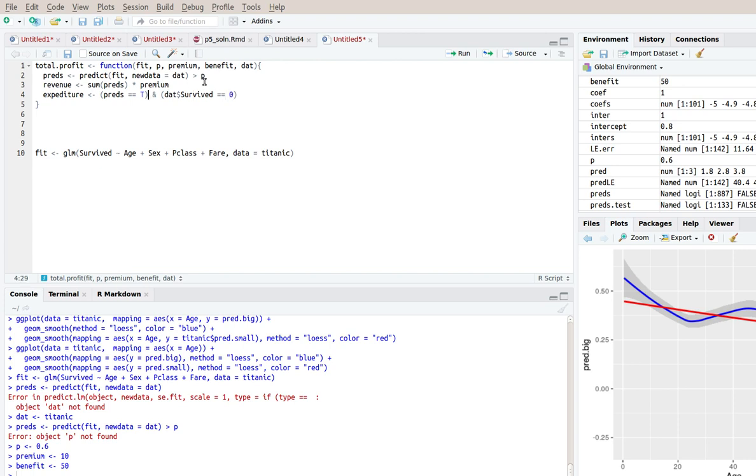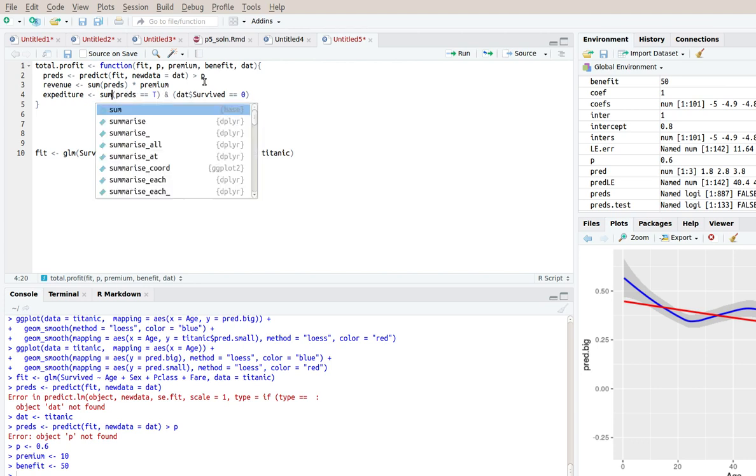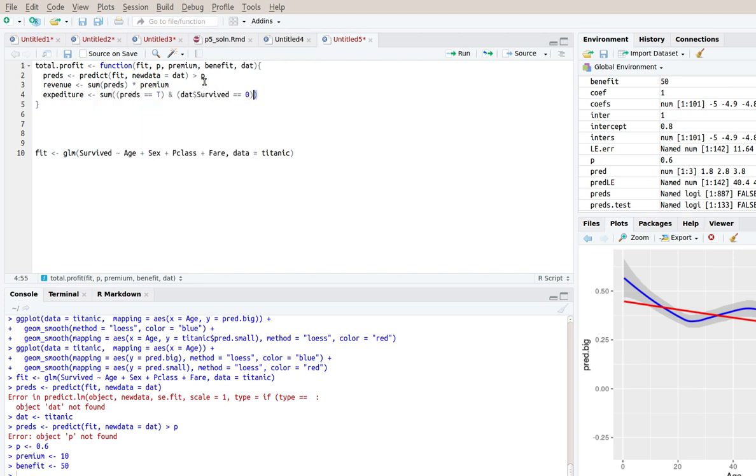That's the number of people whom we sold insurance to, and they also did not survive. If we do sum, we get the number of them, because this is a vector of trues and falses, where true corresponds to they were predicted to survive but didn't. And now we'll multiply that by the benefit. So that's the expenditure. The total profit is just revenue minus expenditure.